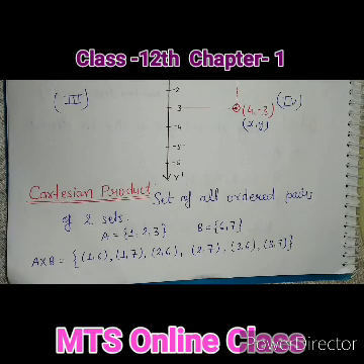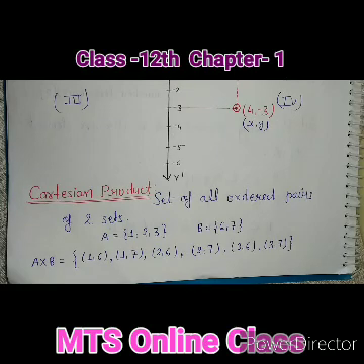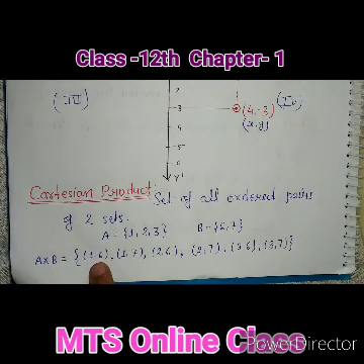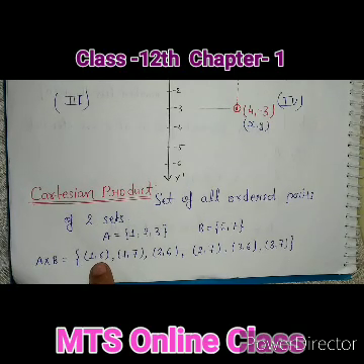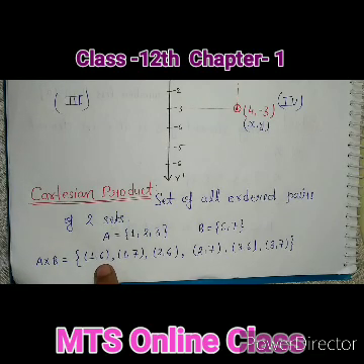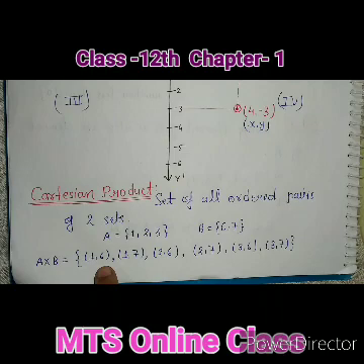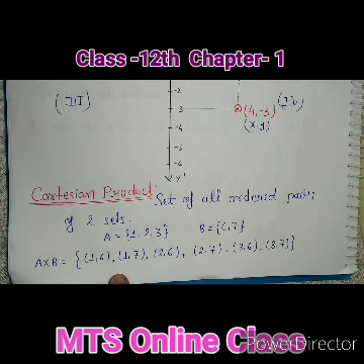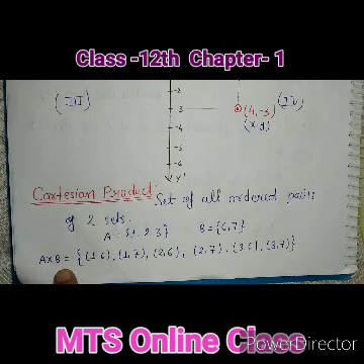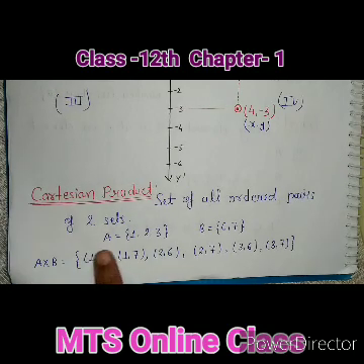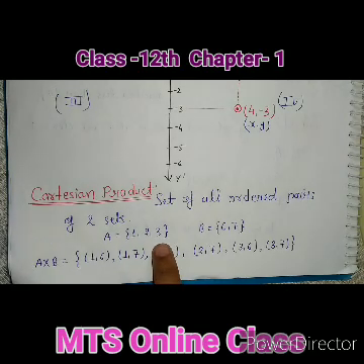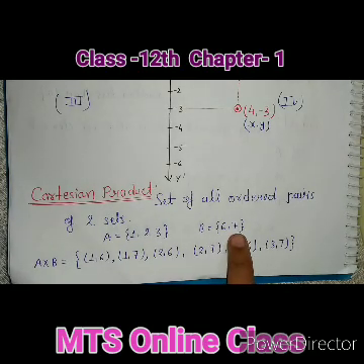Next, Cartesian product. The set of all ordered pairs (A, B) such that A belongs to capital A and B belongs to capital B is called the Cartesian product of the sets A and B. It is denoted by A cross B. Let A = {1, 2, 3} and B = {6, 7}.